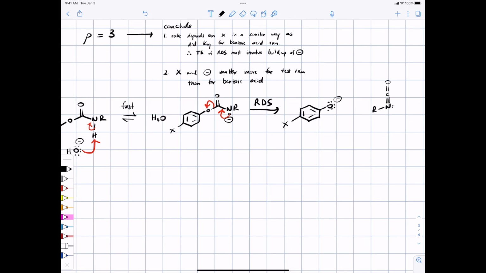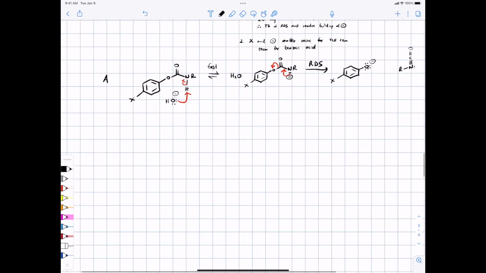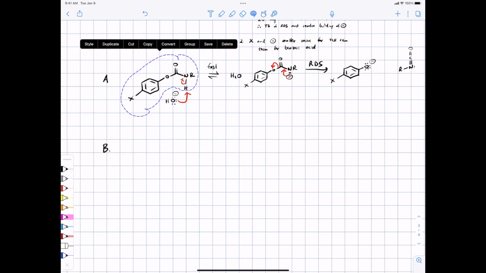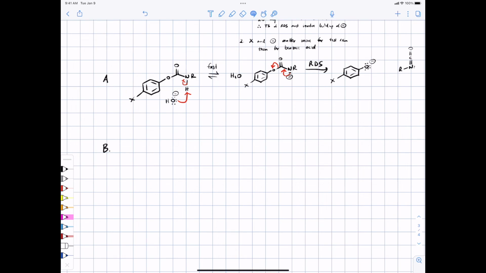A second proposal, mechanism B, is to imitate conventional carbonyl chemistry more closely.